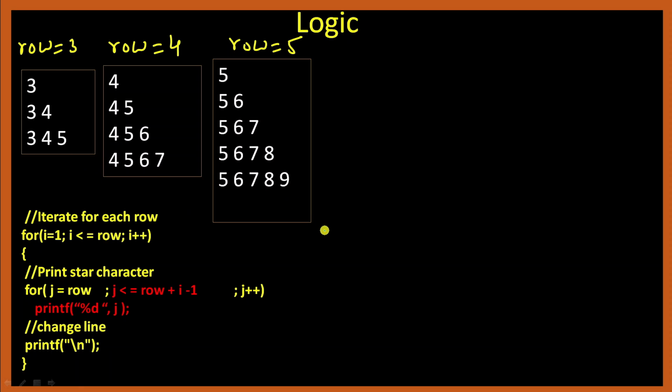Basically, this was a previous pattern that we saw in our previous video, and this was the C program, right? So if, let's say, the rows are 4, then we are saying that the starting digit is 4, right? So this was the outer for loop, this was the inner for loop for printing each row. So the starting is decided by the row variable, right?